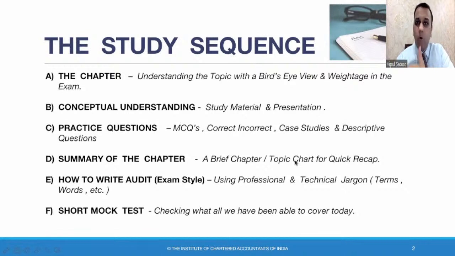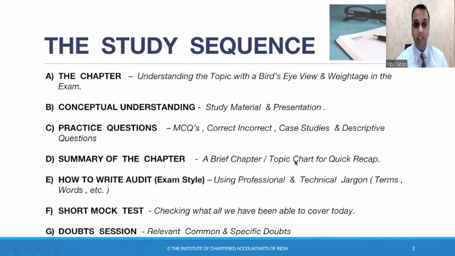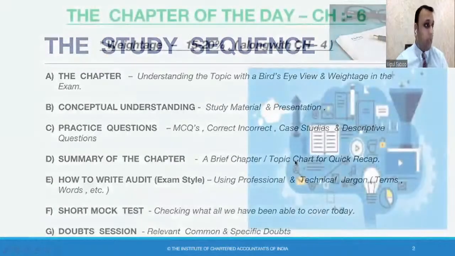So we have already talked about how we need to understand and we need to include the technical jargon and professional terms while we were studying chapter 2. How do we need to inculcate those words in our answers to make it a strong answer? Okay, so let's move.